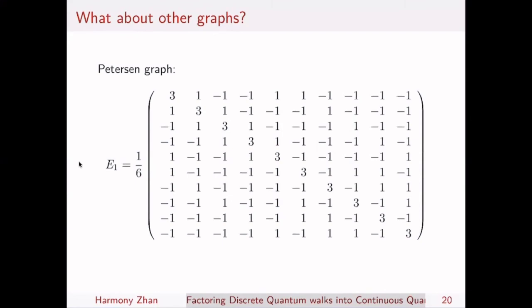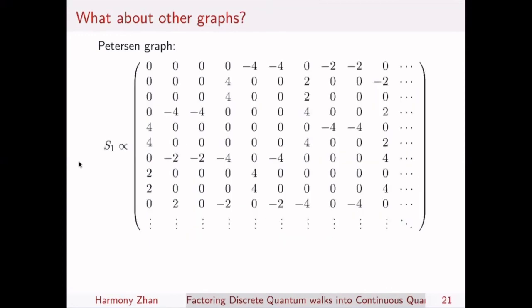So take the Petersen graph. It has 3 eigenvalues, one of which is 1. So if you look at E sub 1, because this is a strongly regular graph, every row has 3 distinct entries. So that means when I take their differences, I'm going to see plus minus 2 and plus minus 4. So that is already a weighted oriented graph.